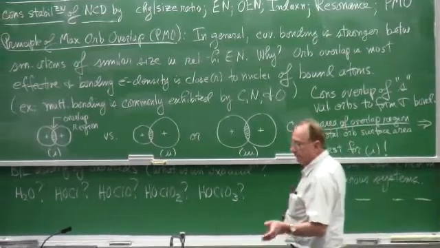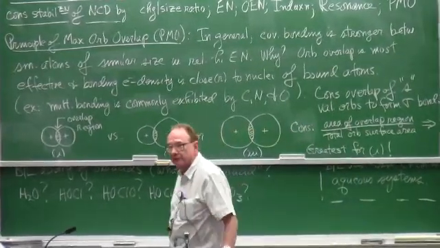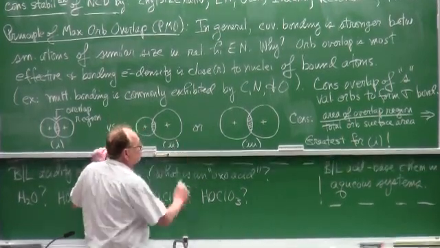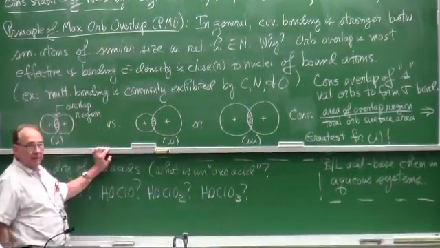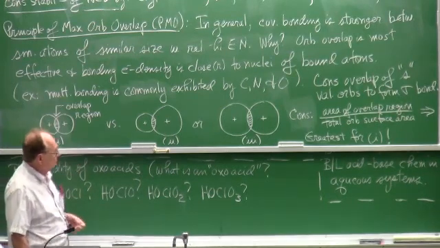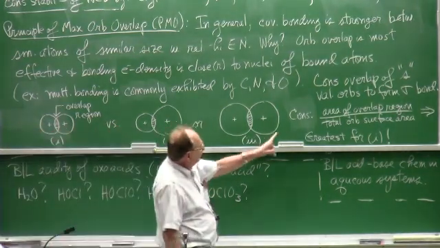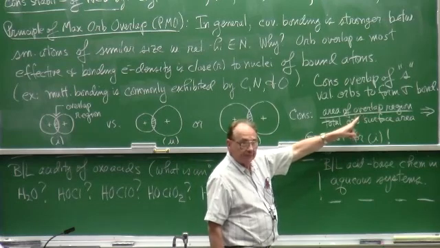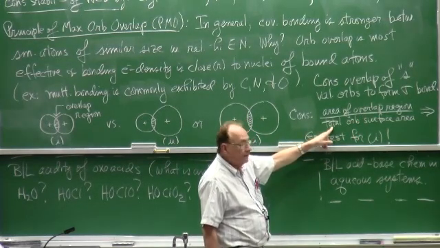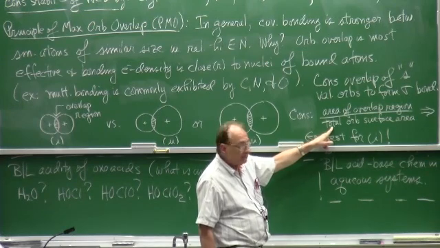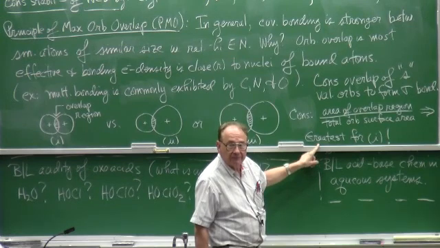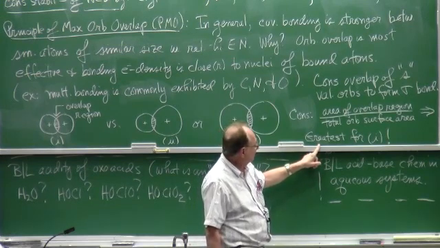Now, I don't know if you mentioned or had this mentioned to you in 2045, but from an orbital overlap standpoint, if the area of the overlap region relative to the total orbital surface area is large, then we'll have strong overlap, strong bond formation.